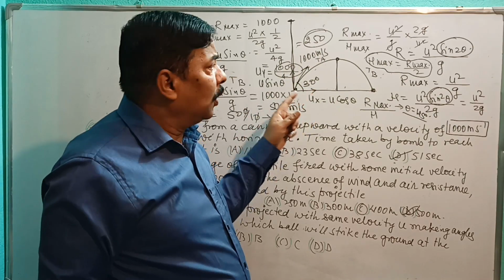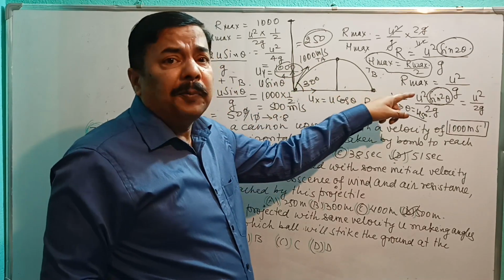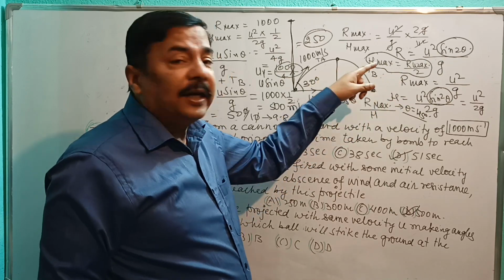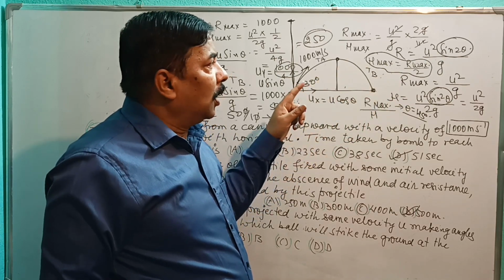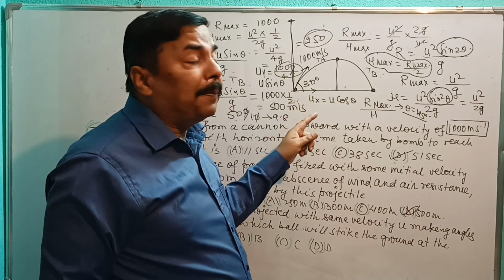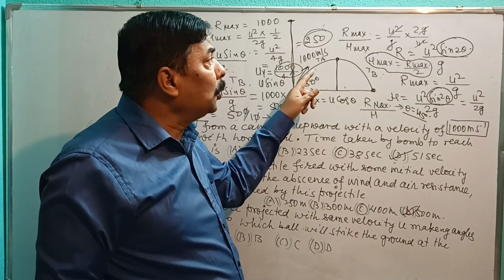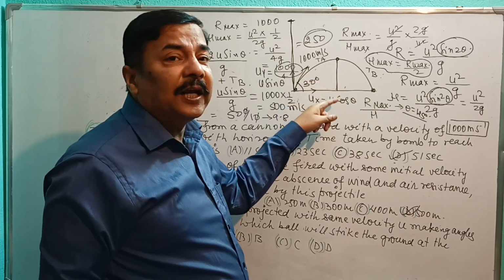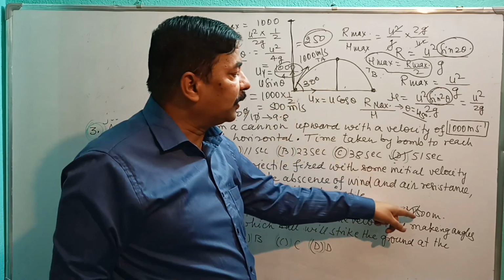But if for the angle of projection 45 degree, where the range is maximum, the question asks what is the maximum height attained by the projectile for this range, then your 500 is the answer.